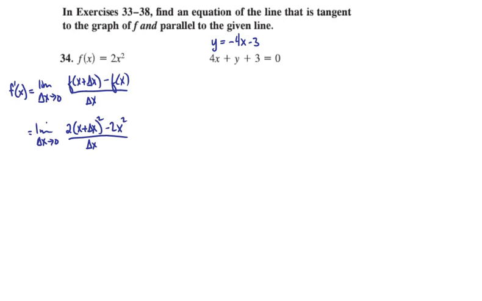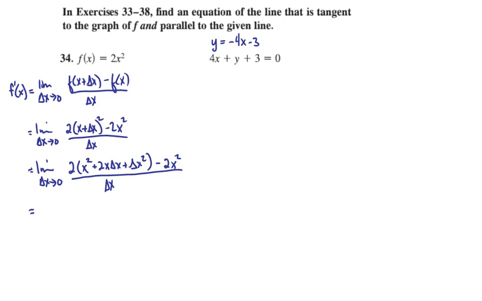The only thing we need to do here is expand out the x plus delta x quantity squared, and that will be x squared plus 2x delta x. I'll write it out, leaving it in parentheses because we still have to multiply everything by 2. So expanded out, that's x squared plus 2x delta x plus delta x squared, whole thing times 2, and then minus 2x squared at the end, and still all over delta x.